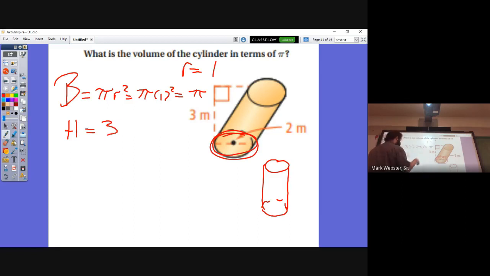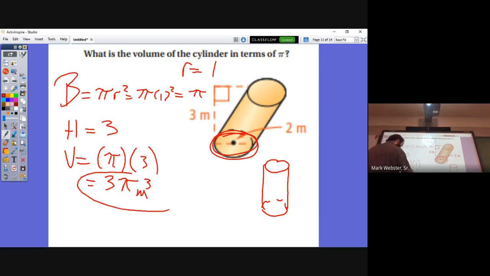It's just they drew it messy to try and make you feel weird about it. My units are meters, and we're going to do cubed. This is volume. And that's all there is. Find the area of the base, find the height, multiply those two things together, and get the volume.